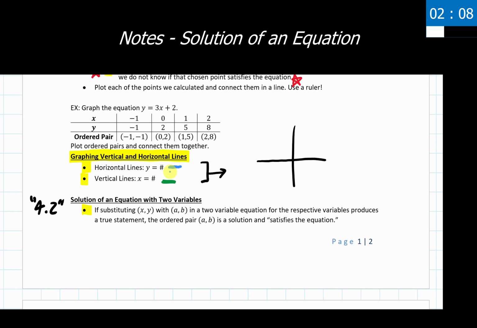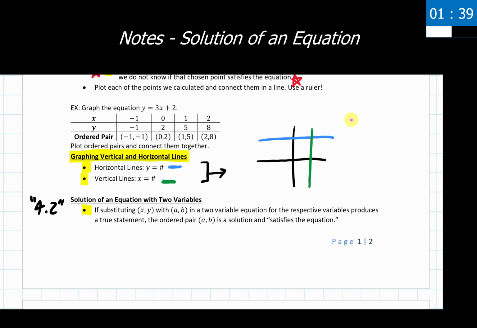If I do have a horizontal line, that means all of the y values are going to be the same. All of the x values can change, but we don't care because y is staying the same. Vertical lines are very similar, except that the x value is staying the same and the y value is changing. So it would look kind of like this. Be on the lookout for those. They show up from time to time, but I just wanted to make a quick mention of that.